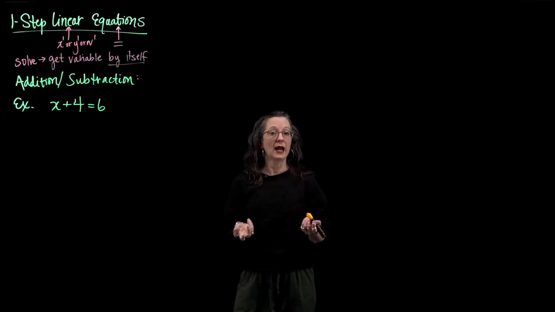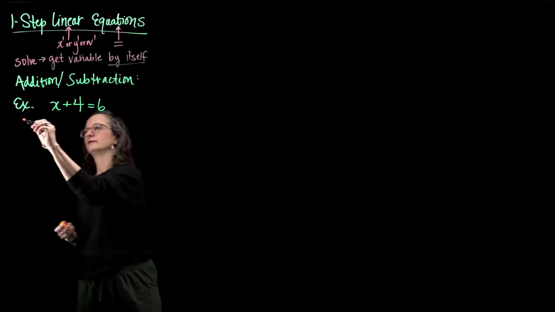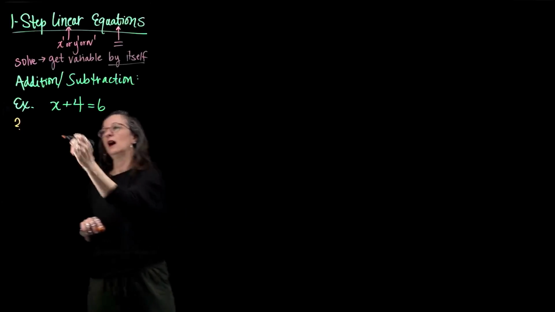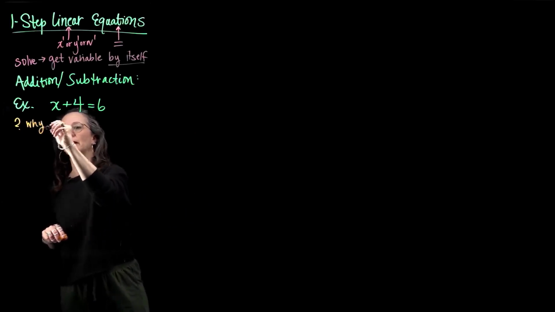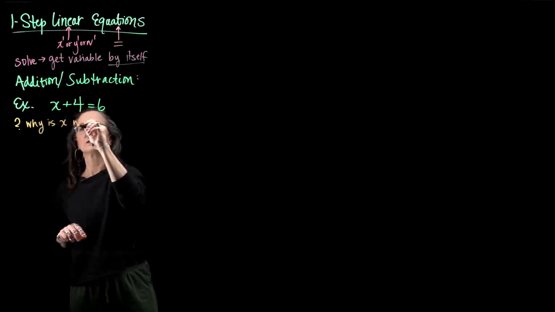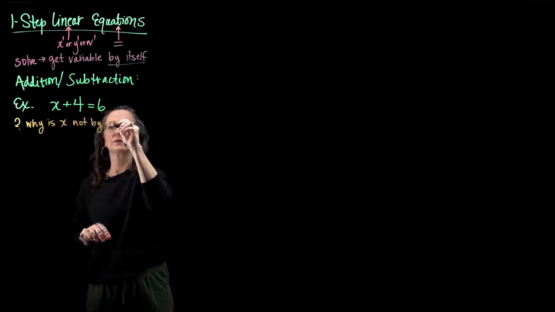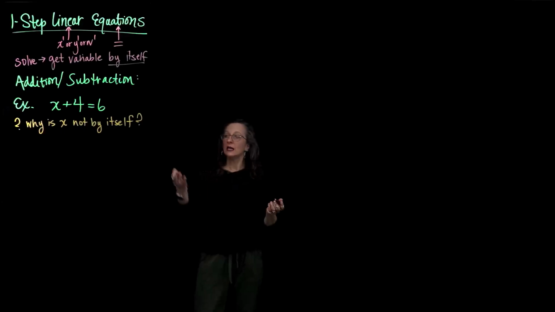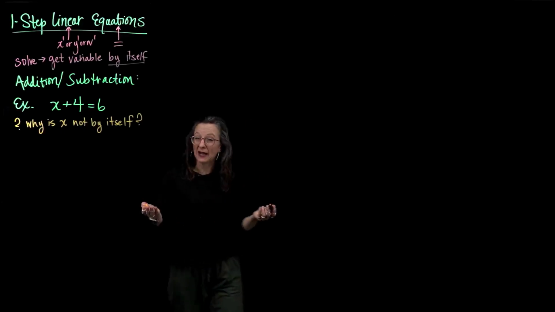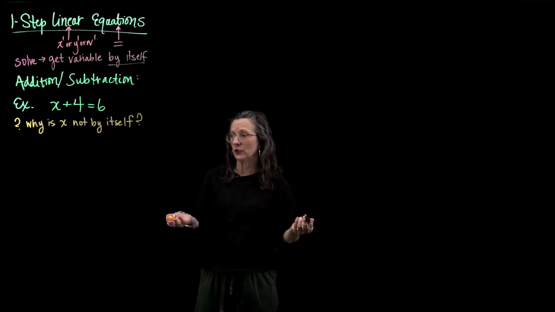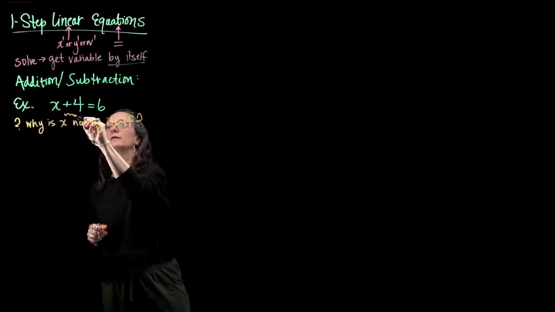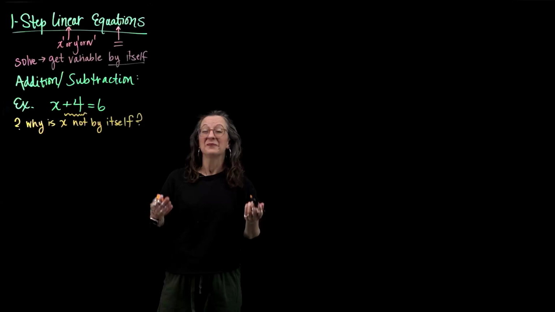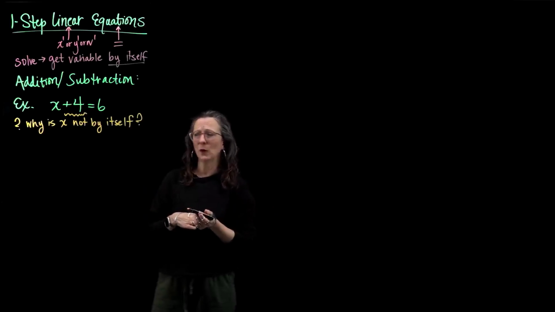Now the question I want to ask myself, and sometimes this seems obvious, but other times it's not: why is x not by itself? Okay? And when I look at that equation, it's not by itself because we're adding 4 to it. So the second question becomes, how do we undo adding 4?